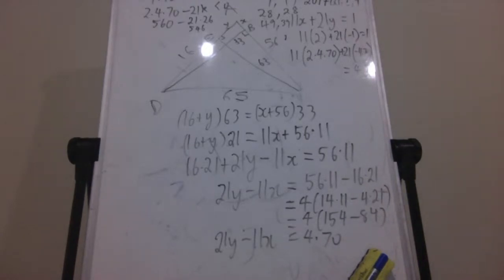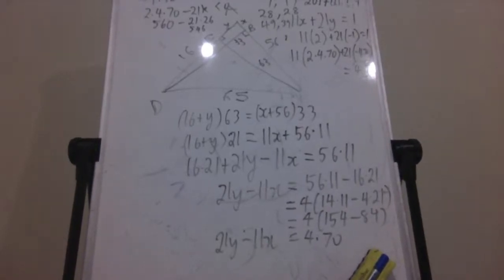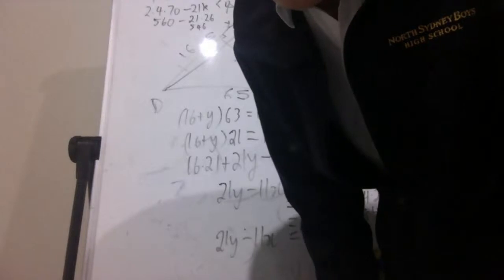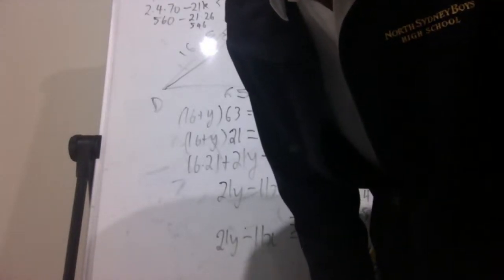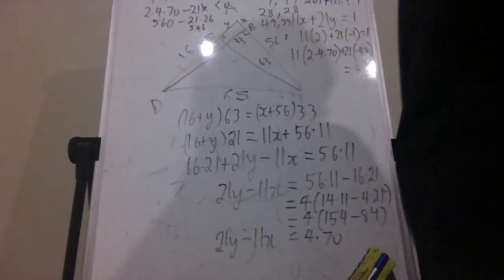What was that? It's like a circle and you have like 10 points. Where's question 9?